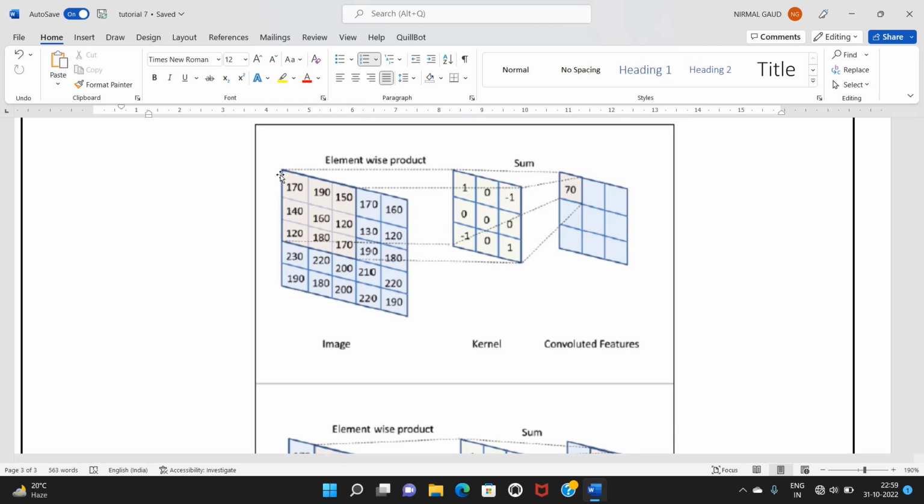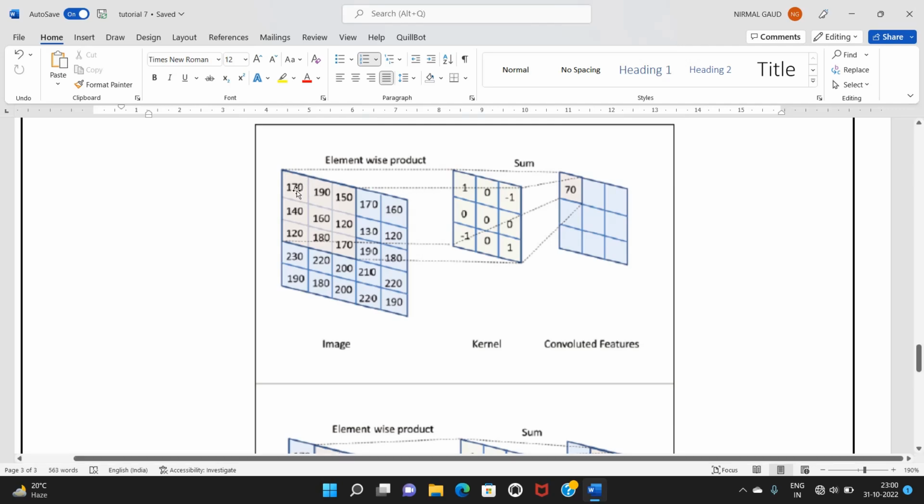It's a pixel, a collection of pixels. So whether it is a colored image or a grayscale image, there will be a completely array-like structure available. It will be like this only.